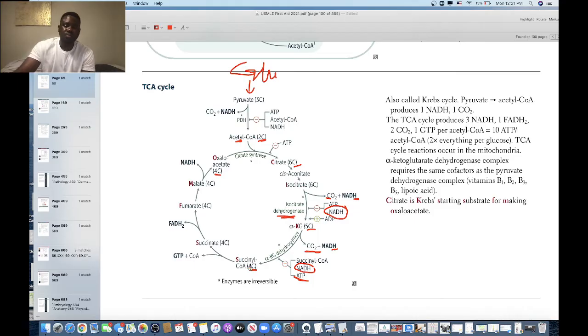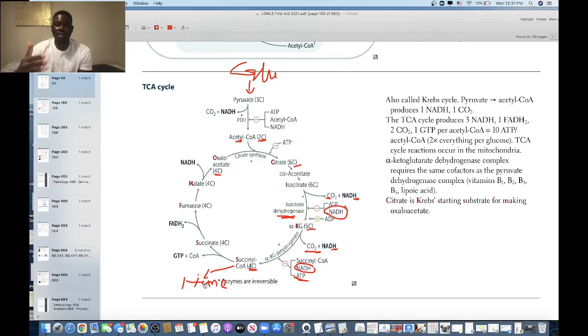Okay, now this succinyl-CoA can be used to make heme. So you see how something in glucose can be used to make heme. Sorry, I have to learn how to use this. Okay, I'll learn it. Everything is learnable, right? Okay. So this succinyl-CoA can be used to make heme.